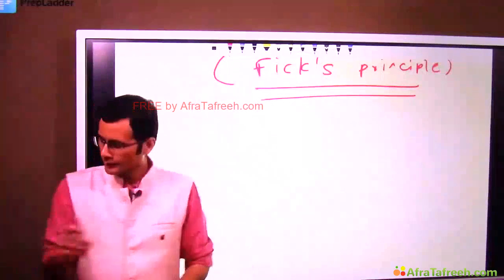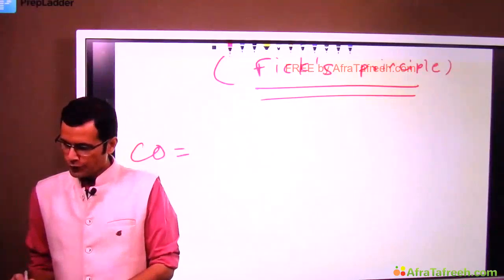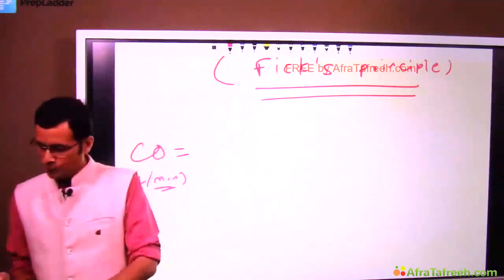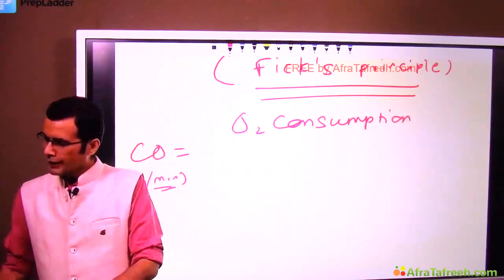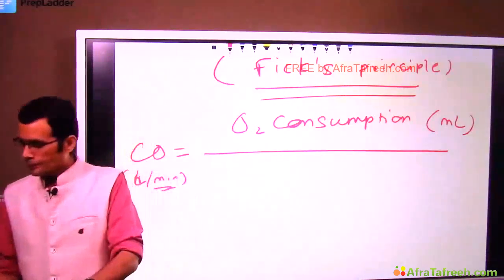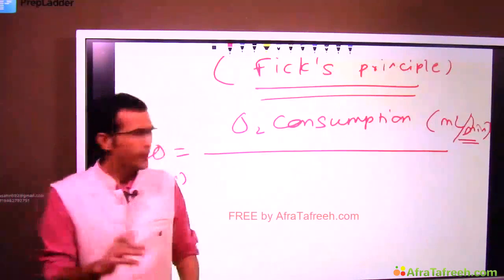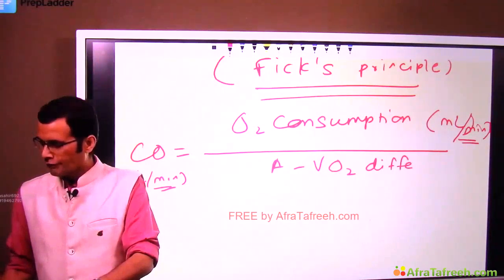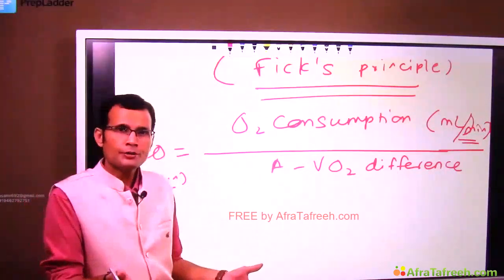The equation is: cardiac output per minute is equal to oxygen consumption by the entire body in ml per minute, because it's a per minute consumption, upon arteriovenous oxygen difference, again for the entire body.